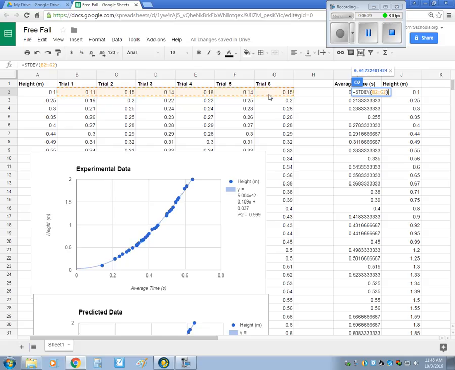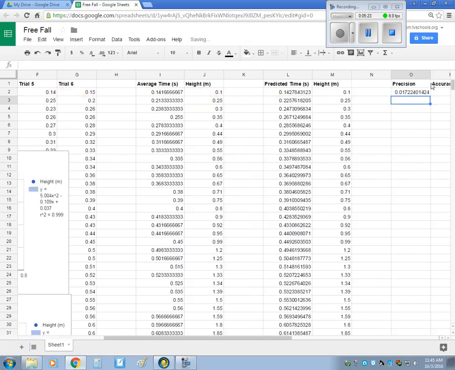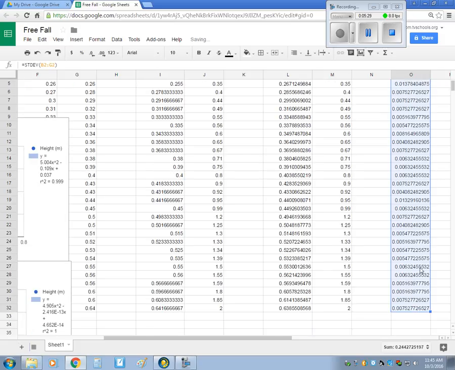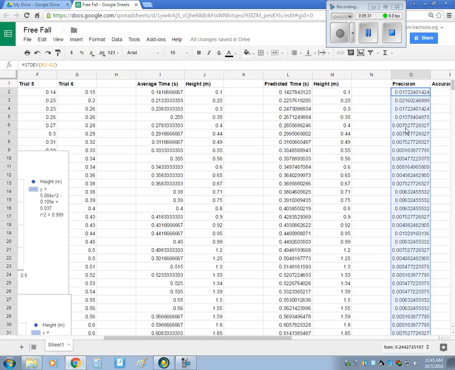Close up the parentheses, hit enter, and that gives me my standard deviation. So I can come down through here and populate that list. And for standard deviation, you want it as small as possible. So 0.01, 0.006, these numbers are all very, very precise. The data is very well clustered together.